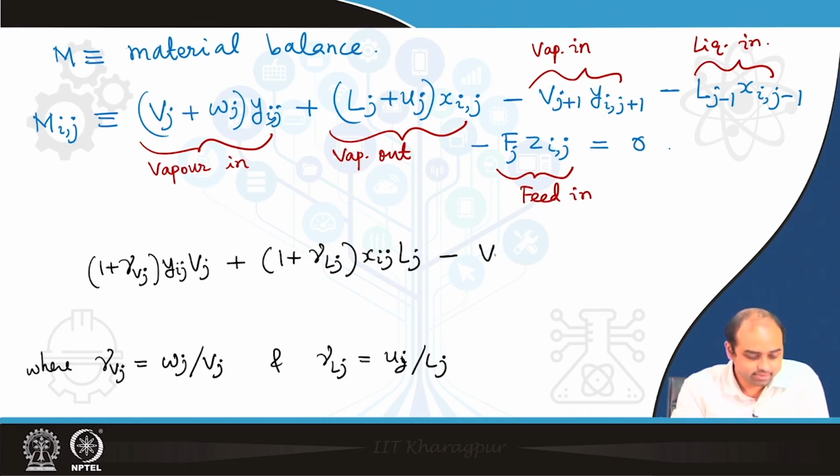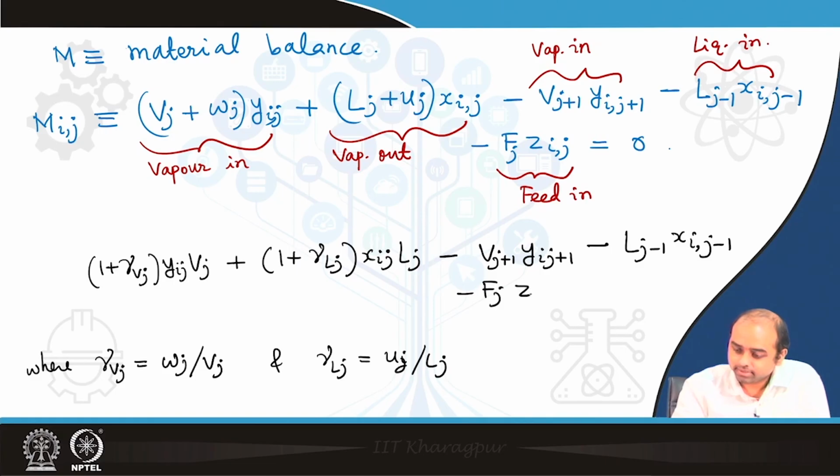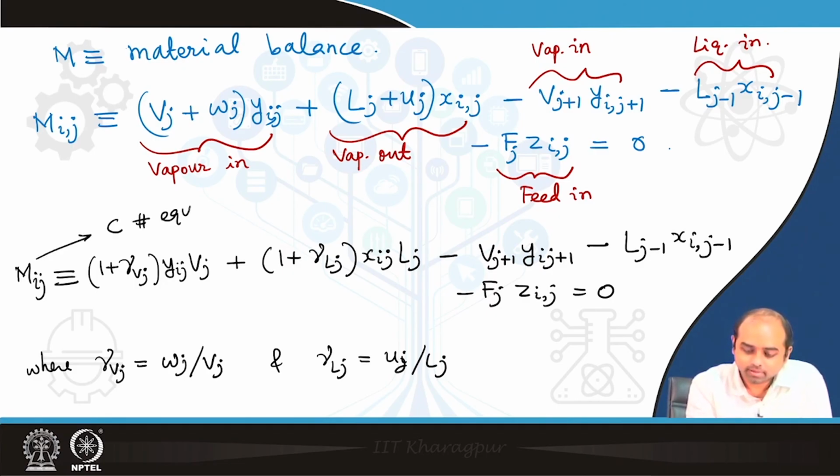Then you have minus Vj plus 1, Yij plus 1, minus Lj minus 1, Xij minus 1, minus Fj Zij is equal to 0, and this is what we are calling the Mij equation. So in total there are C number of material balance equations, isn't it? For C number of components, there will be C number of equations.